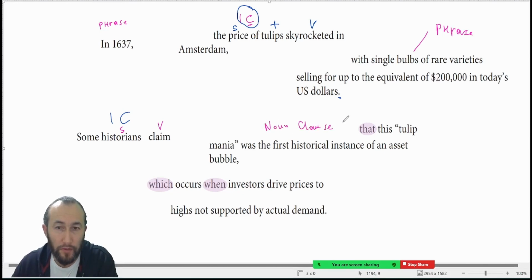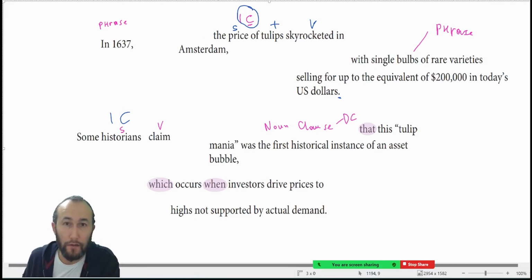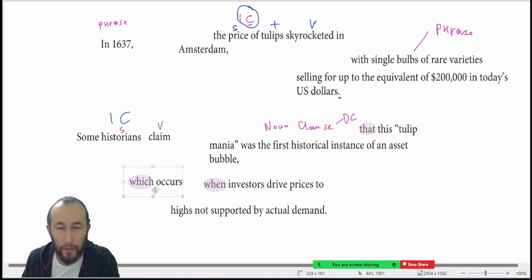And obviously a noun clause is a dependent clause, a type of dependent clause. Now "which occurs" itself is a dependent clause, and the type of it is an adjective clause. So this is separate, and we're going to put it here.